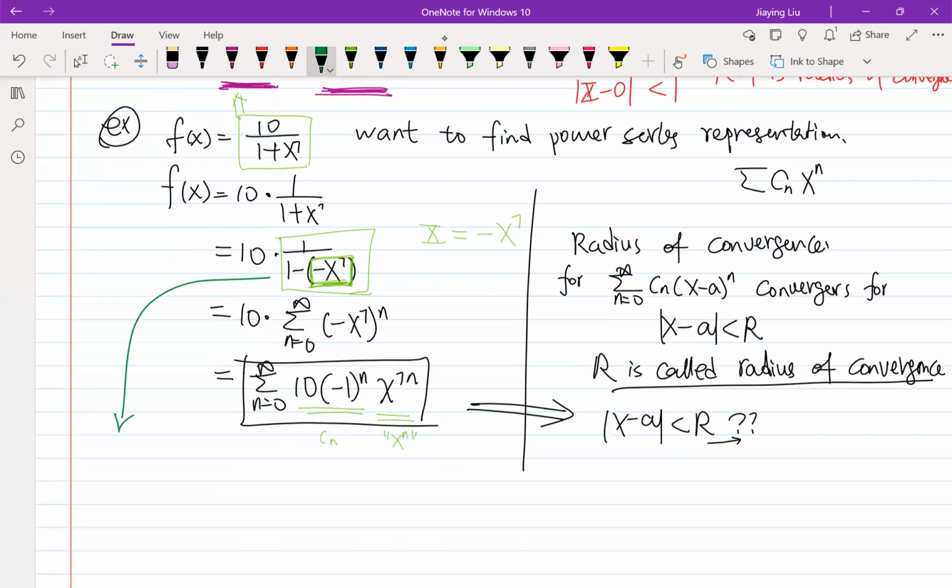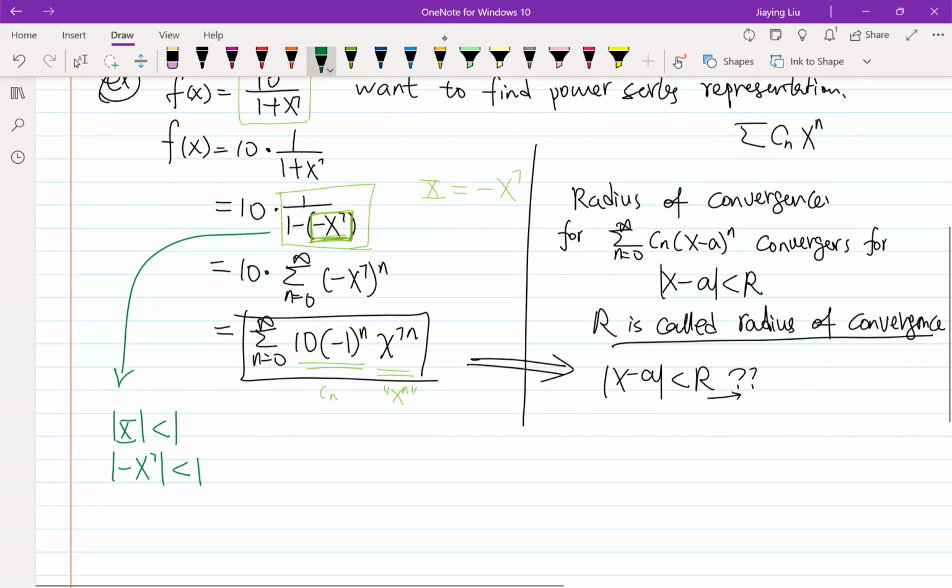So for that part, the 1 over 1 minus capital X, we know that's convergent if capital X is less than 1, right? That series converges. Now, what is capital X? Capital X is negative x to the 7. So we're just going to plug in negative x to the 7 directly to replace capital X. That absolute value has to be less than 1.